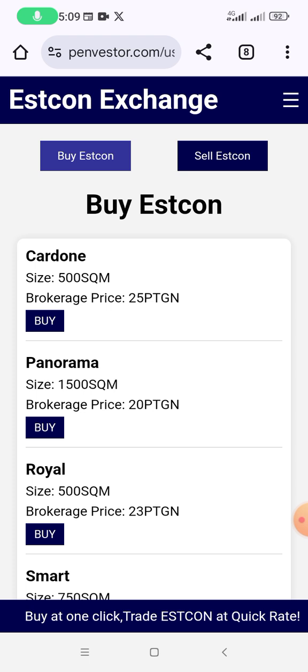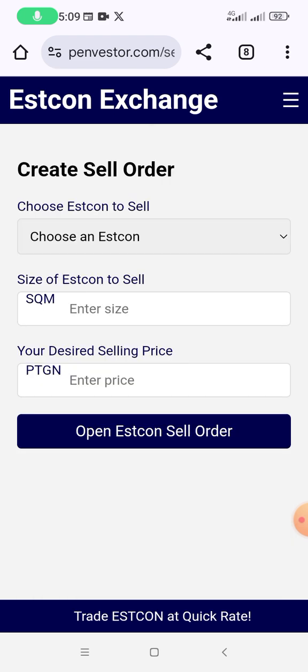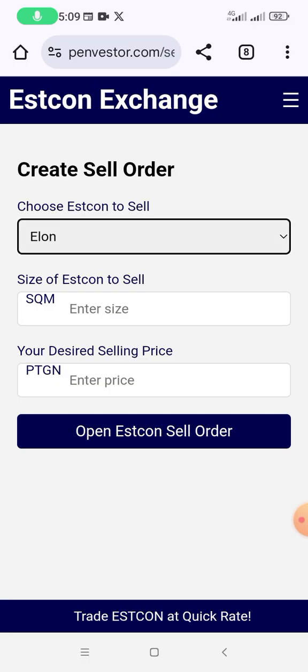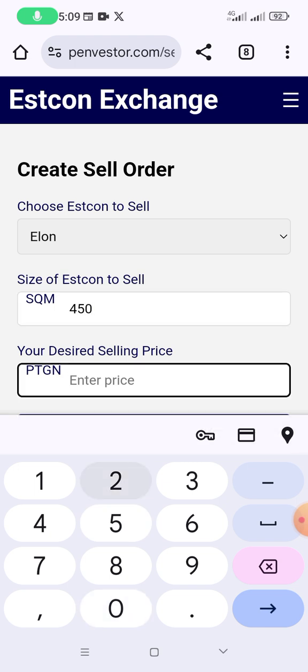I'll go immediately to create a sell order that I'm selling, that same thing, at 20. Elon, 450. I'm going to sell it at 20. It means that immediately the person sells to me, I will get back my 450. But if a person buys, I will get 20 PTGN.